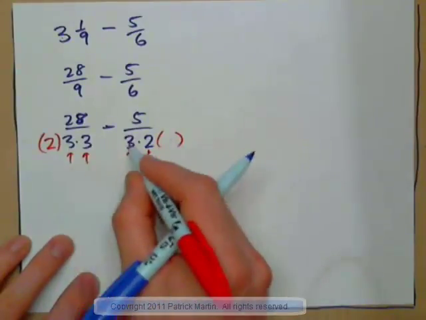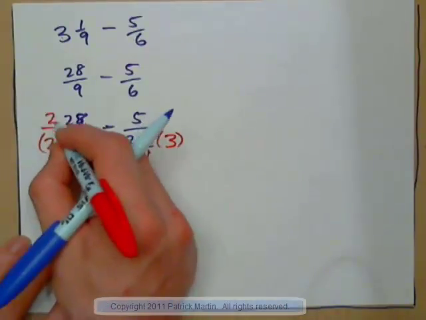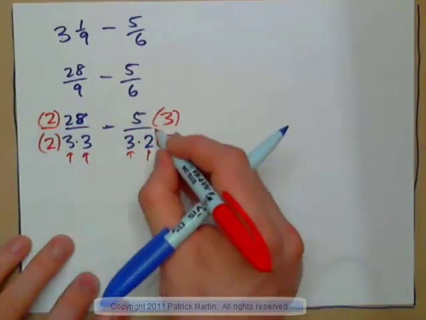So to make the bottoms completely the same, we need to put the other 3 over here. So multiply that by 2 over 2 and this by 3 over 3.